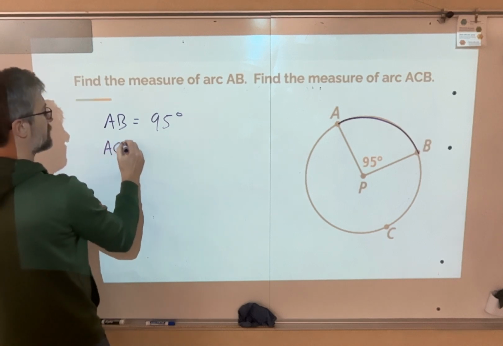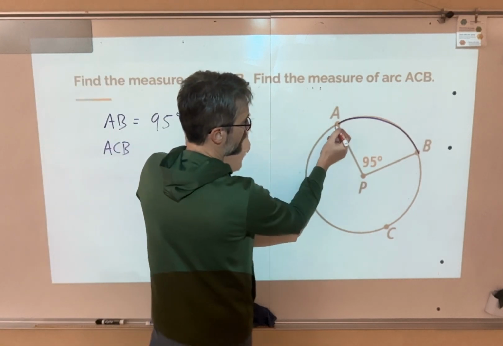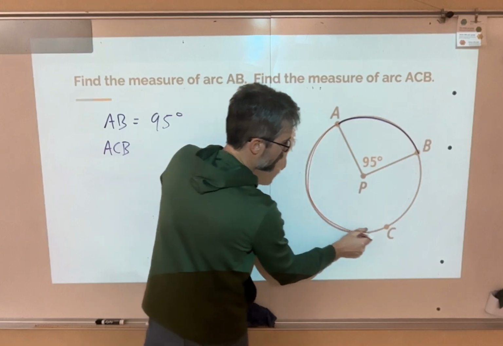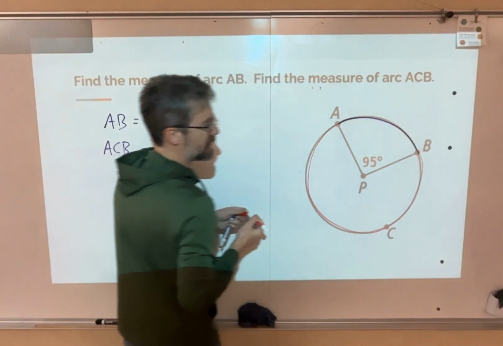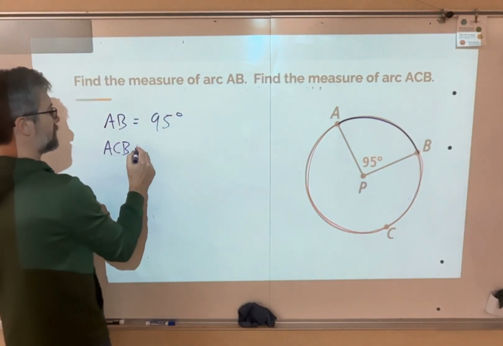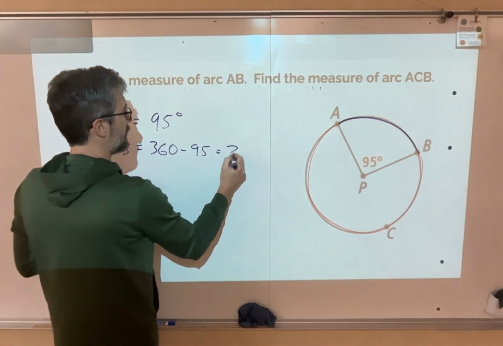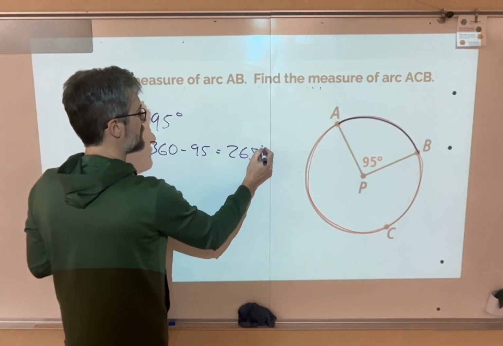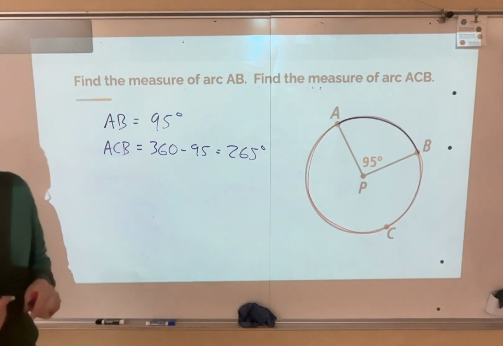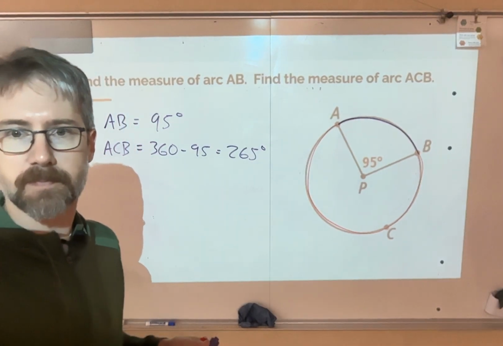ACB, now we're starting at A, going through C on the way to B. Well, that's the rest of the circle, 360 degrees in a circle, so 360 minus 95. And that is 265 degrees on that outer part.